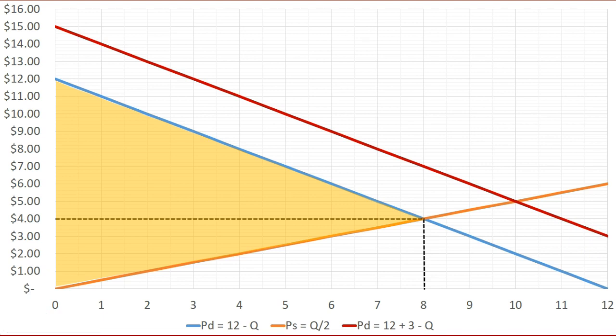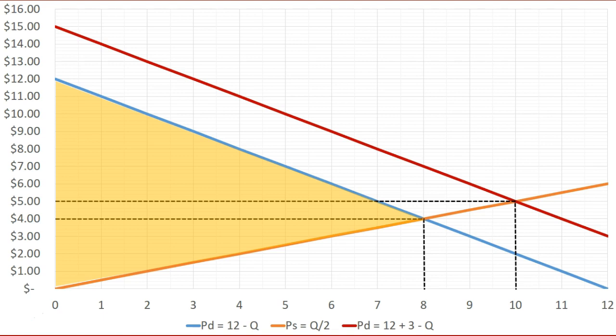Alright, now what's the implication of that for the market price and quantity? Well, we'd have a new equilibrium price of $5 and a new equilibrium quantity of 10. So we can say that the quantity sold in the marketplace has increased from 8 to 10. That is, it's increased by 2.